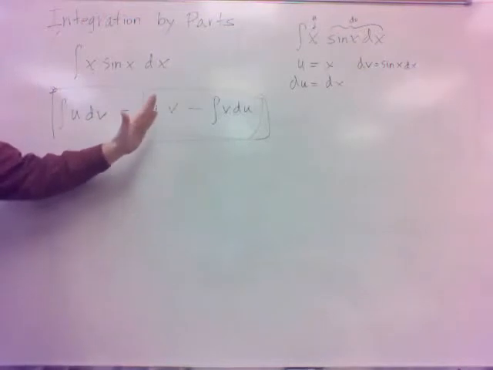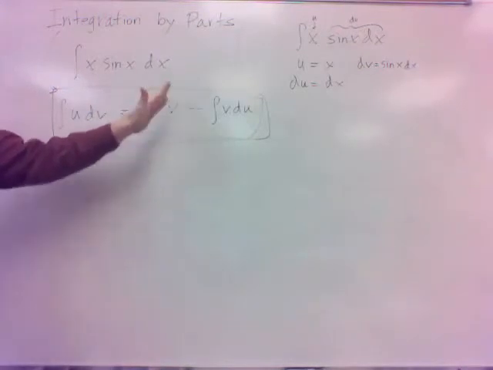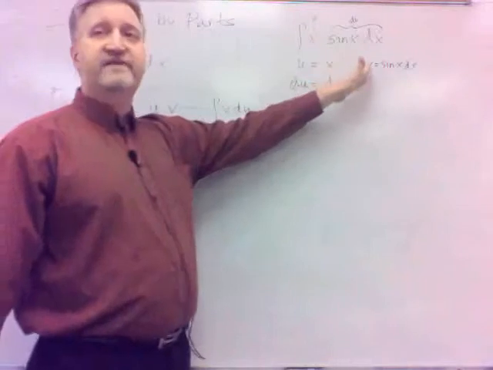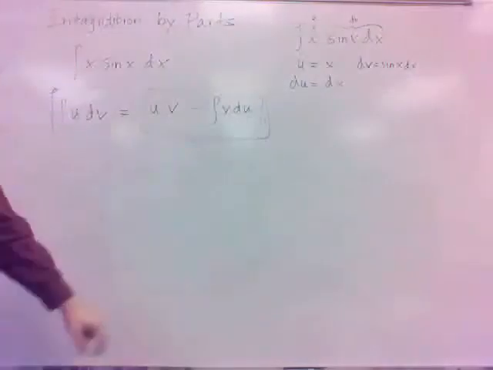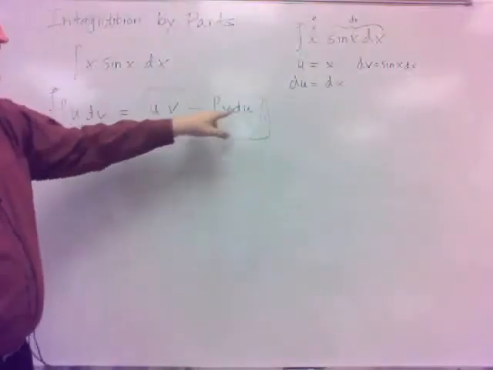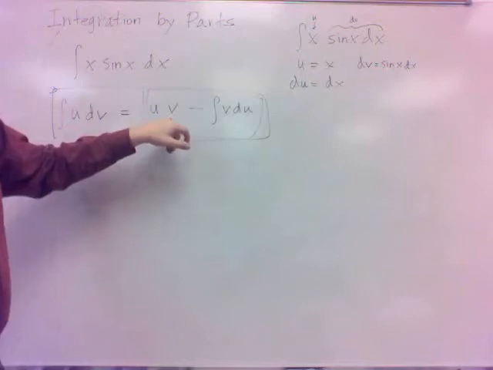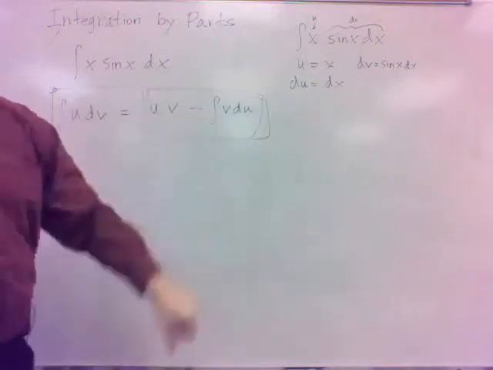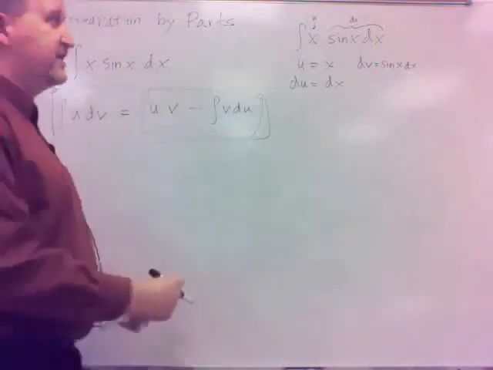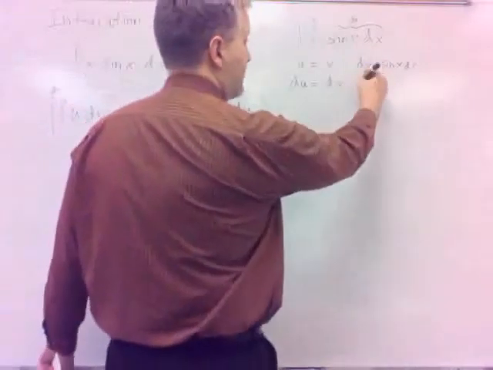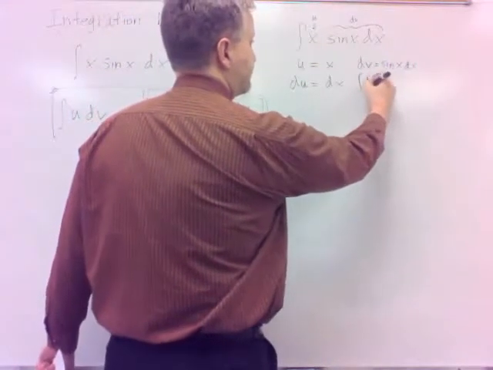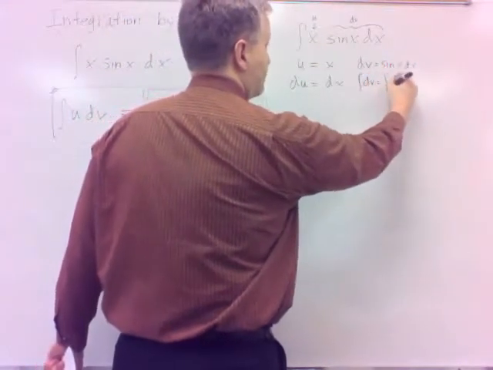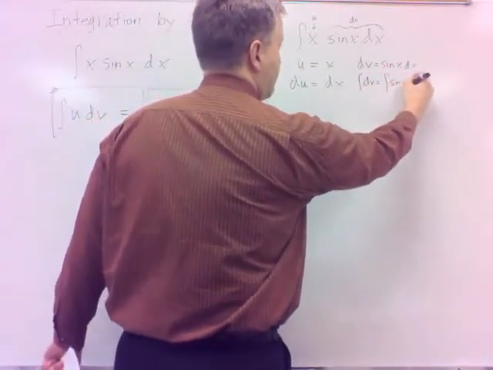What do I need? I need v. And we're going to get v out of dv. And we've got du, we're going to have to use du, and I've got u. The only thing I'm lacking here is v. It goes two places. The way I get v, like I said, is out of dv, because look at this. Think about this. What would happen if I integrated both sides of that?